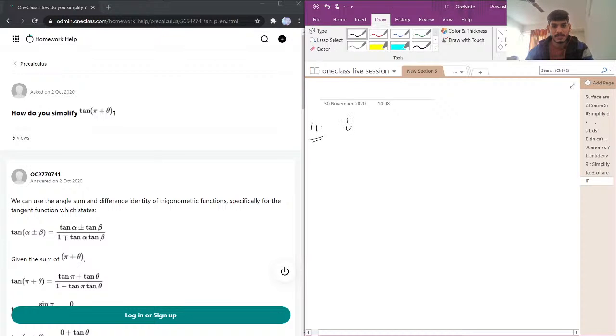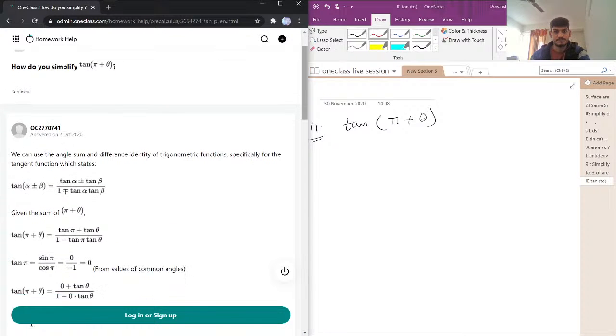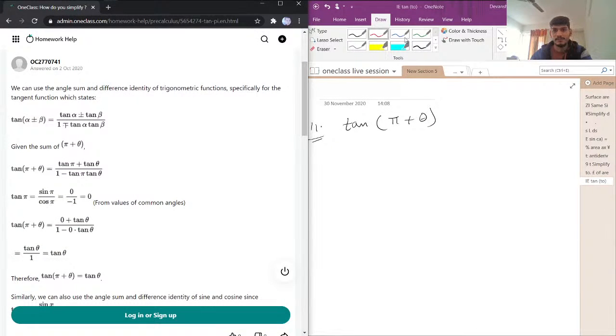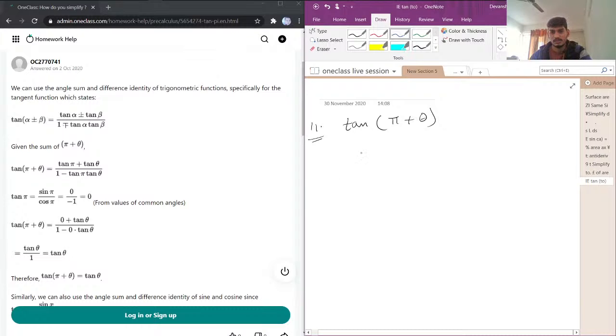We need to simplify tangent of pi plus theta. Here they have used a formula. The formula for tangent of alpha plus beta is tangent of alpha plus tangent of beta over 1 minus tangent of alpha times tangent of beta.